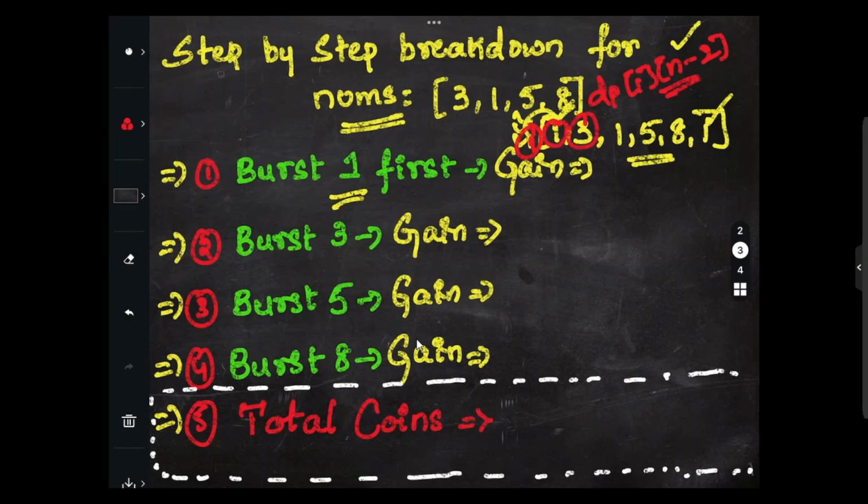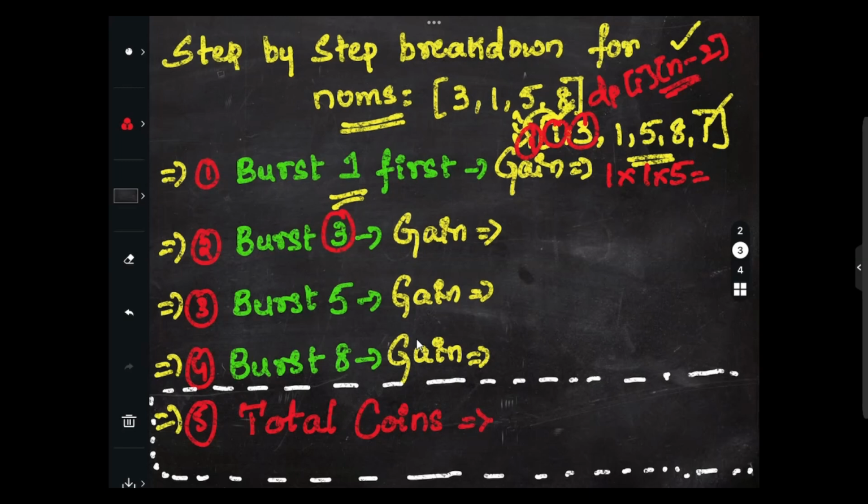So this will be 1 into 1 into 5, I think. So yeah, burst 1 first, so we are going with this one, not this one. So this has to be 1 into 1 into 5. This is fine. The second here is we will burst 3.